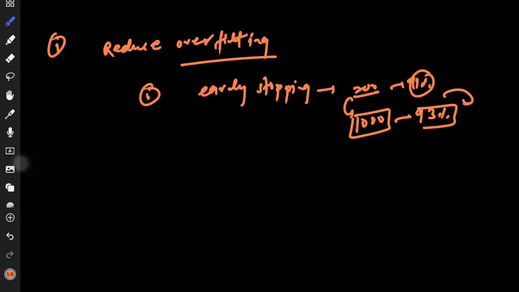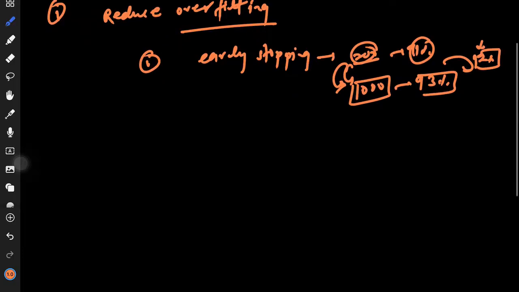From 200 epochs we increased to 1000, but our accuracy only increased 2%. So there is not a big increase in accuracy. With 200 epochs we lose a little accuracy but significantly reduce our training time. So this is one method.